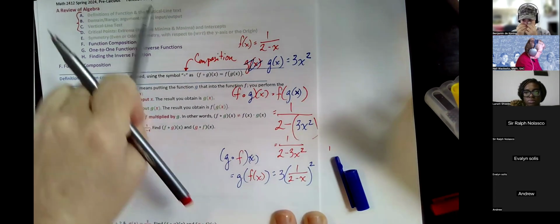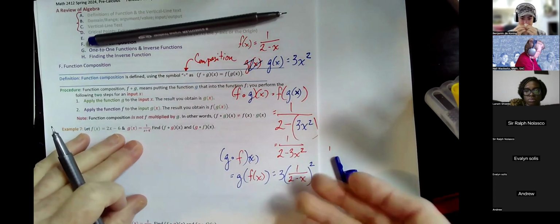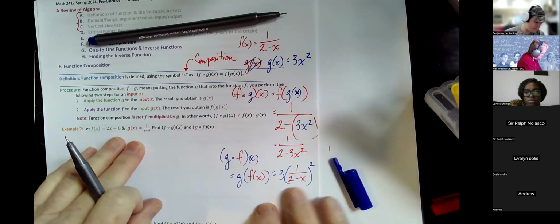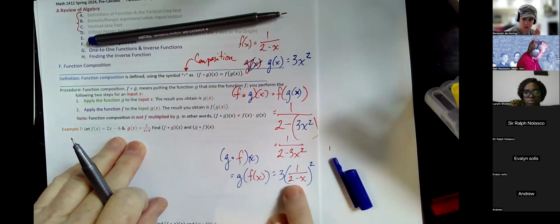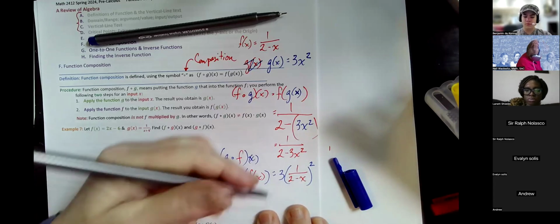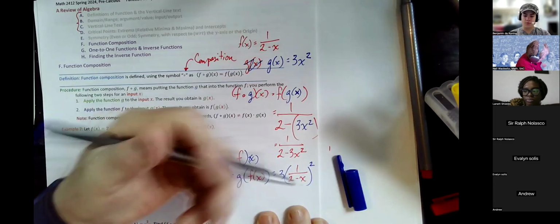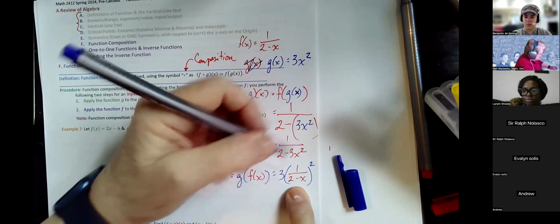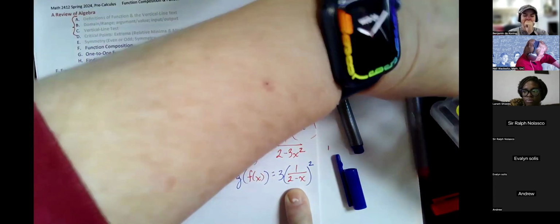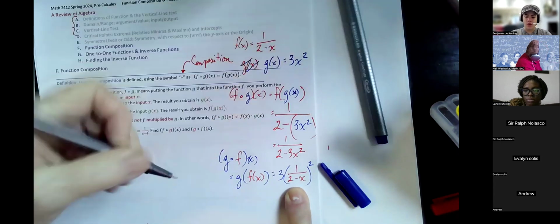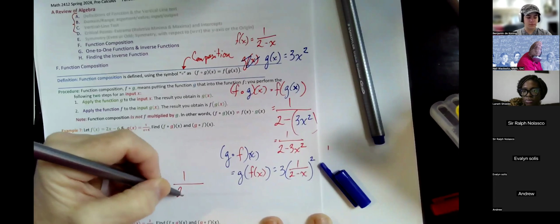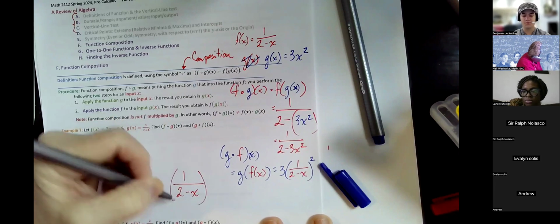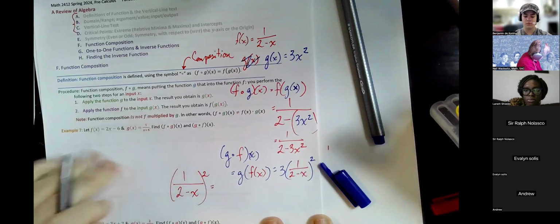I chose to do this example with a square, because it's always fun to remember how to square a binomial. Bi meaning two nomial terms. So let's just do that part. Let's just find 1 over 2 minus x, squared.